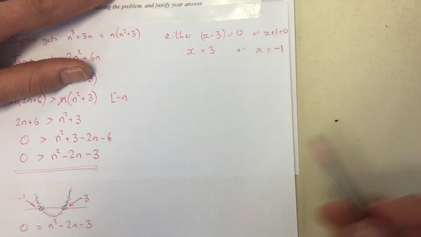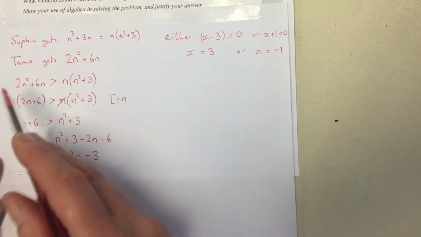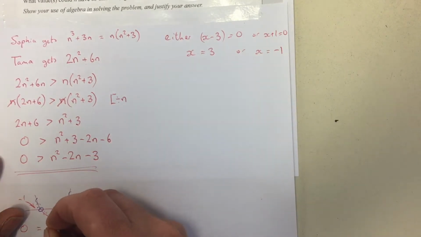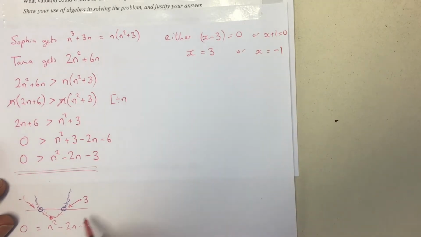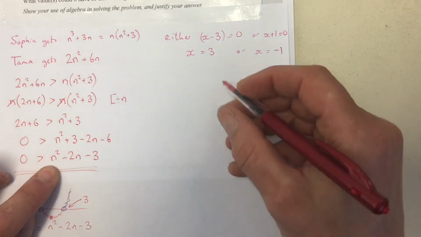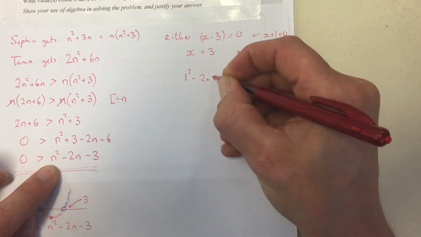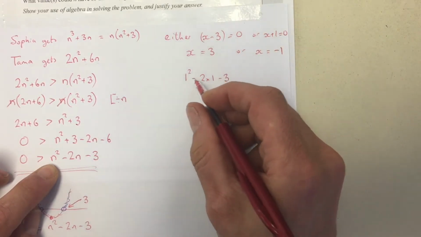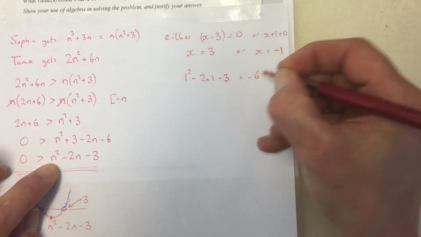Okay, so now I've got to see which bit gives Tama getting more than Sophia. Let's just pick a point in the middle. Let's pick this point here that would be 1. So let's put 1 into our equation. 1 squared minus 2 times 1 minus 3. 1 squared is 1 minus 2. 1 minus 2 is minus 3, so equals -6.